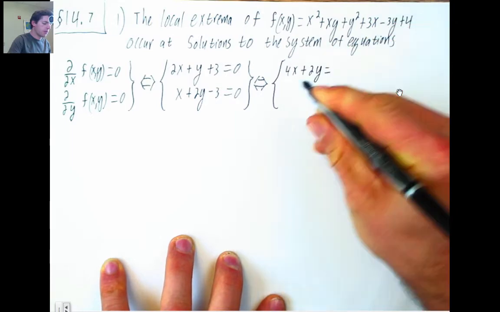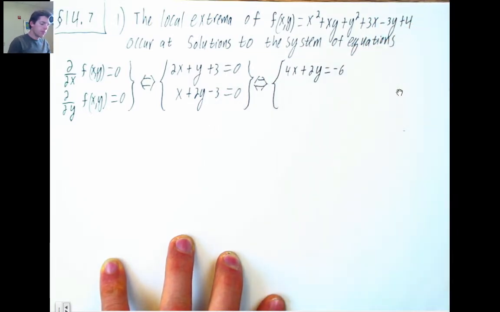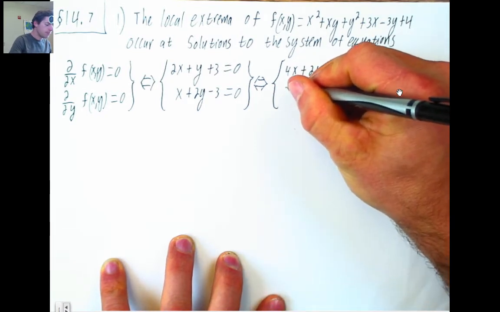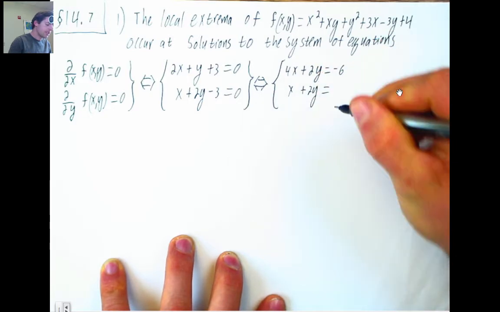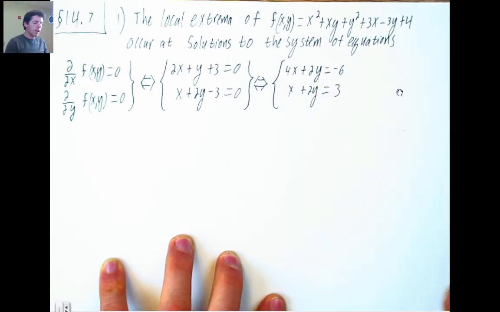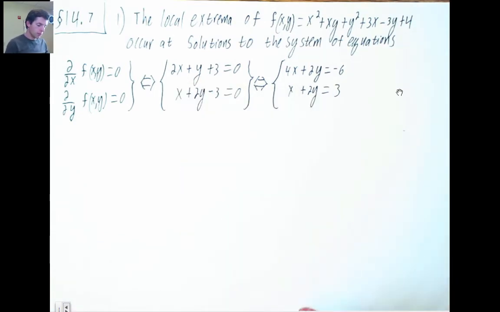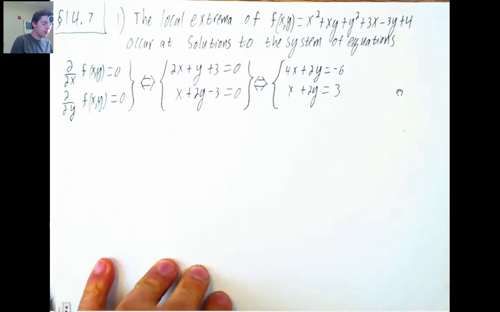And I'll move that 3 to the other side and also multiply it by 2 to get negative 6. And then I will leave the second equation as is. I have multiplied the first equation in a sense by 2, both sides, and rearranged a little bit, and done nothing to the second equation except move that 3.